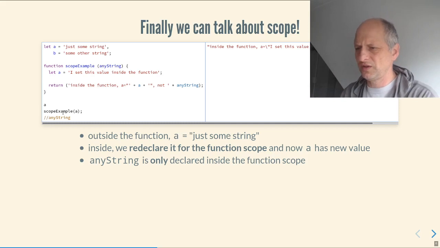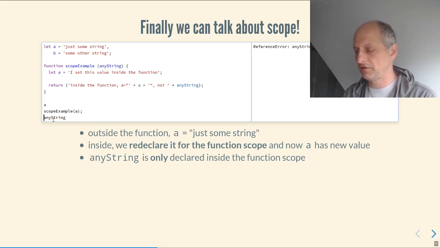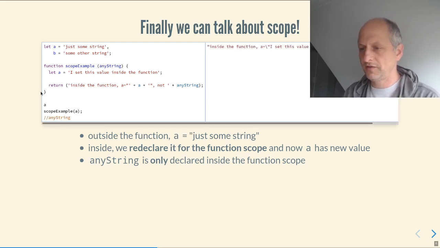And something else to note is that inside the scope example, we have a variable called any string. If I try to access it from the global scope, it'll tell me it's undefined.